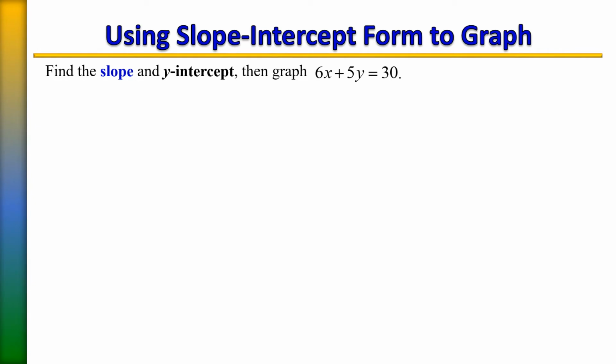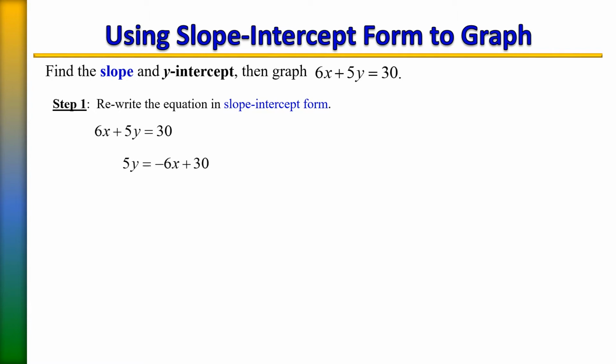Now, in order to graph the line using the slope and the y-intercept, we need to begin first by rewriting the equation from standard form to slope-intercept form, meaning solve for y. So the first step towards solving for y is to subtract 6x from each side.